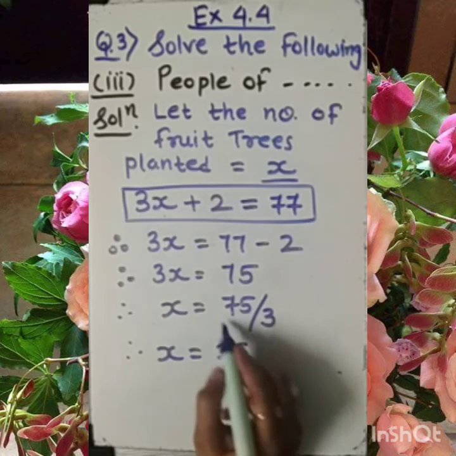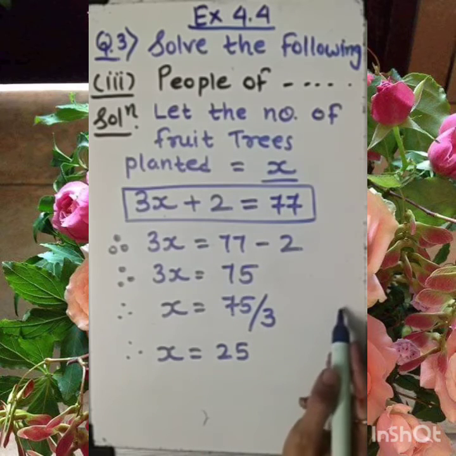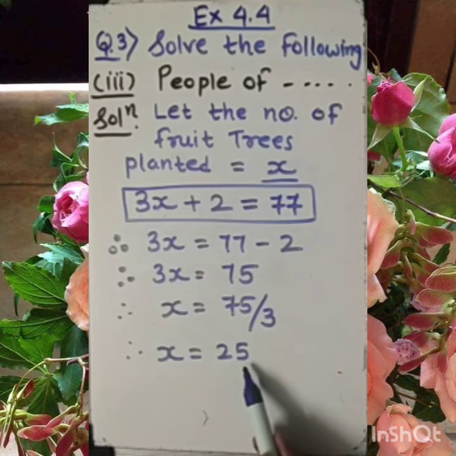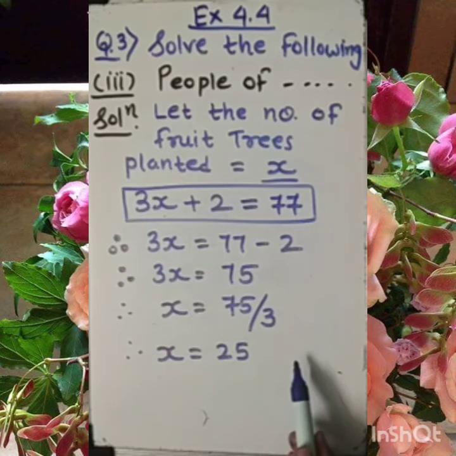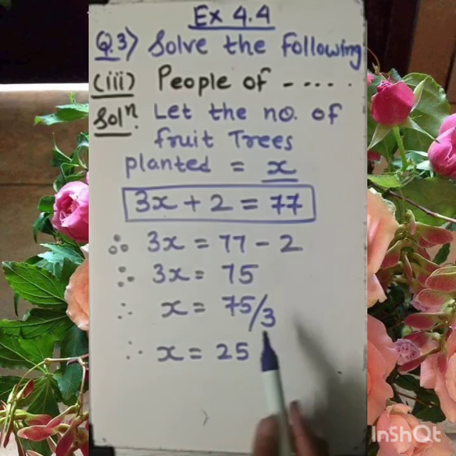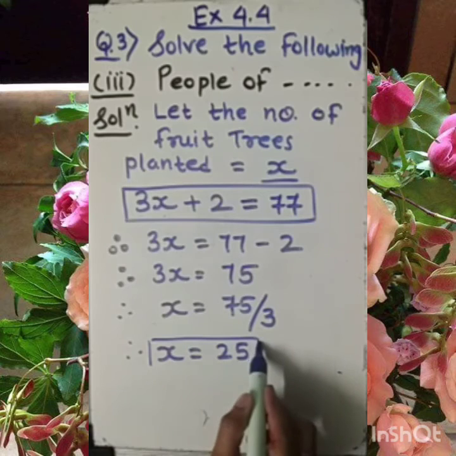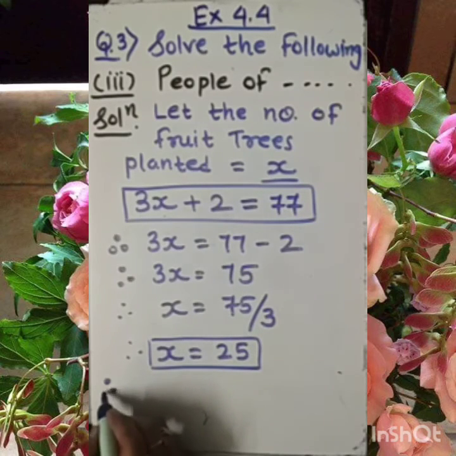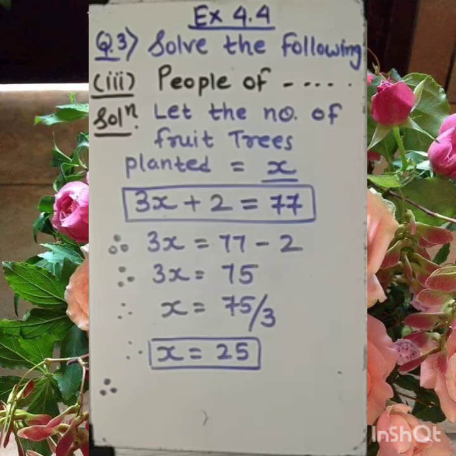Do the division in a rough column. If not, then you can do it as a practical calculation. 25 plus 25 plus 25, if you do it 3 times, then you will have 75. So directly you can also write x equals 25. Therefore, this x we have assumed for the fruit trees.